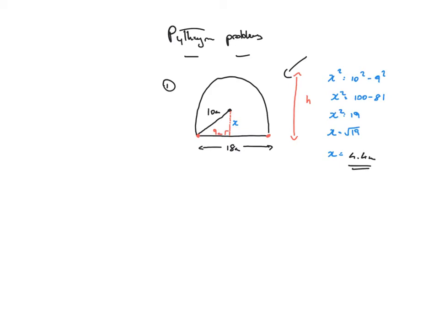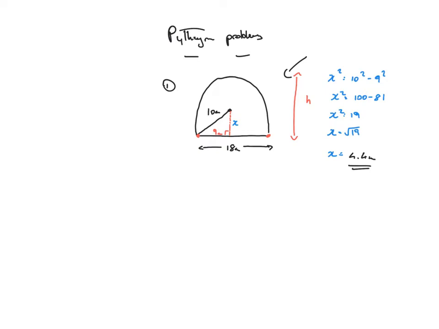Okay, now the next thing is I need to try and find the height, so I know that this bit here is 4.4. Now if you think of it, this is a circle and the bottom of the circle has been chopped off. We can see that this bit here is the radius, 10 centimetres, and that means no matter where I go across the circle, that radius is always 10 centimetres, as I'm indicating here.